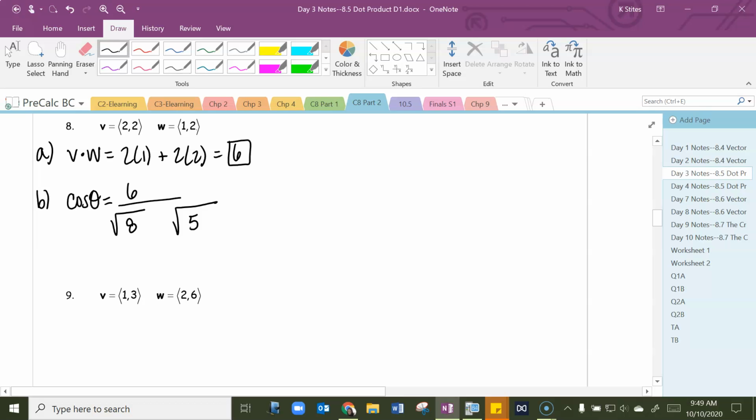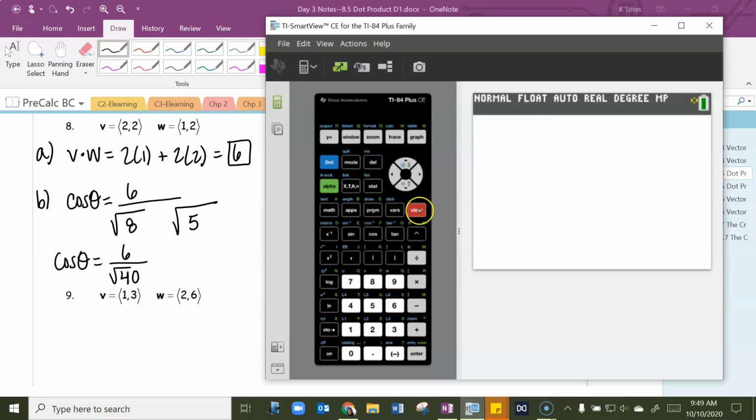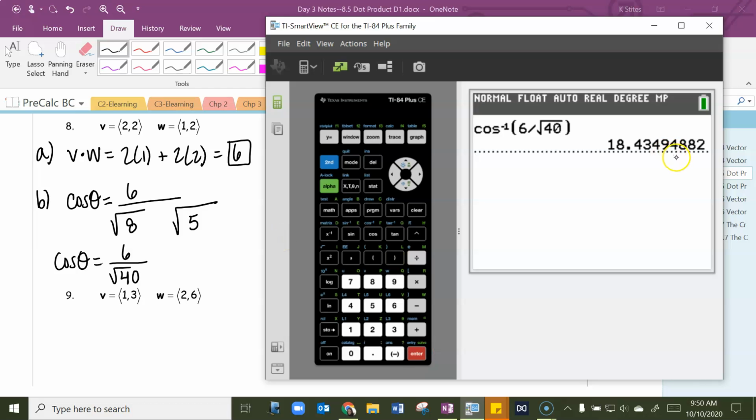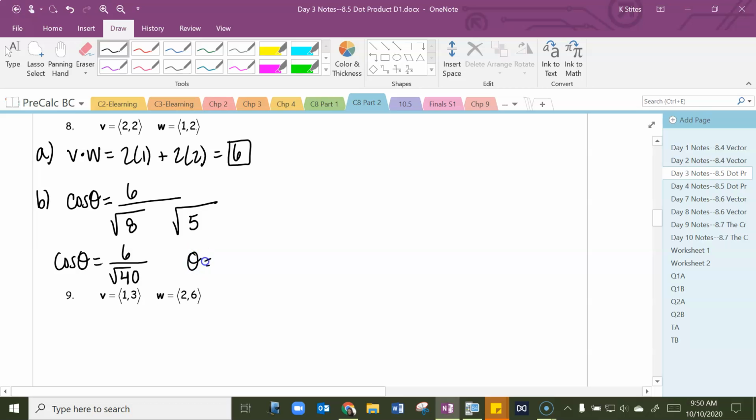All right, if you would like to rewrite this as 6 over root 40, you certainly can. And now to calculate that, I'm doing the inverse cosine of 6 over root 40. And I should get 18.435 degrees. Make sure you're in degree mode here.